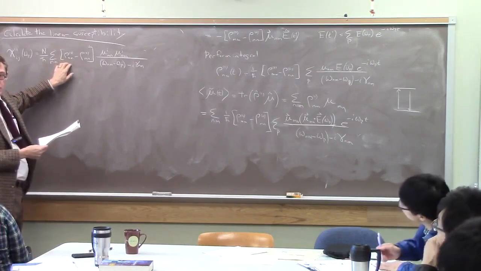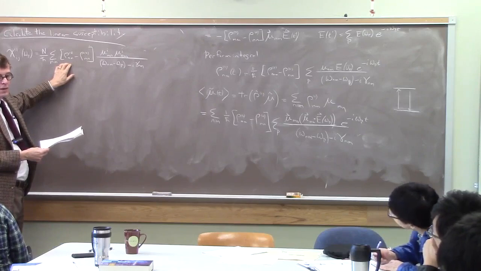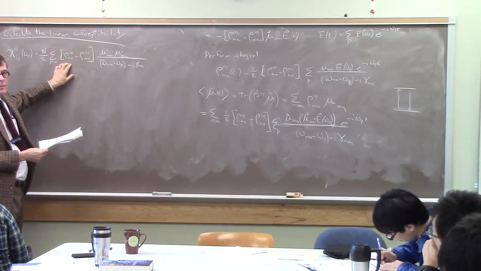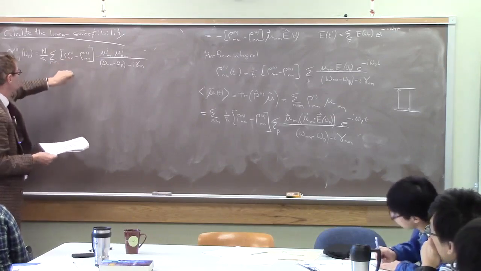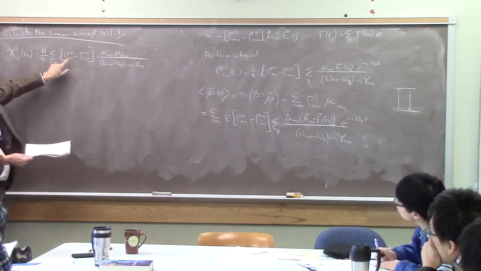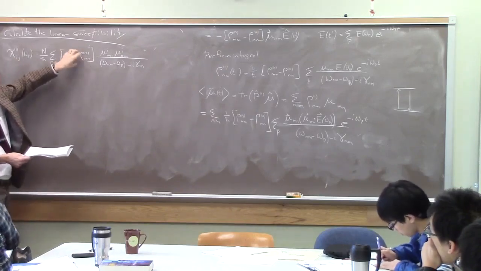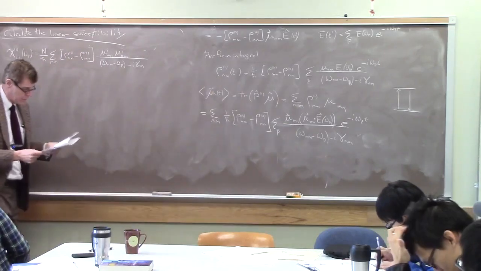There are two ways of writing this result. They are both very, very useful, and they display complementary intuition. This form here tells you that there will be no susceptibility associated with the N-M transition if the two populations are equal, something that we pointed out here.